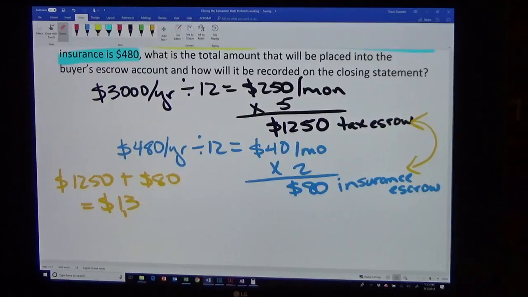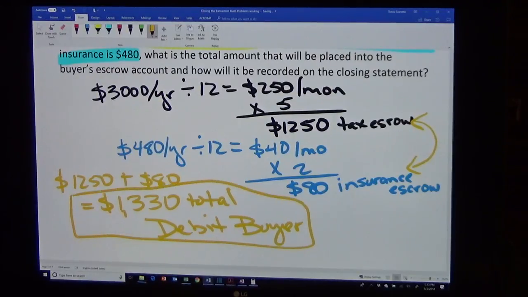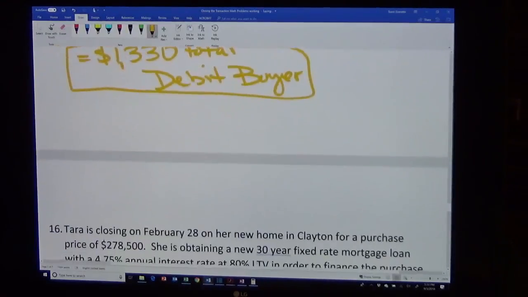Sorry, $1,330 total. And because this is all the buyer's escrows, it's going to be debit buyer. $1,330 debit buyer. Okay.